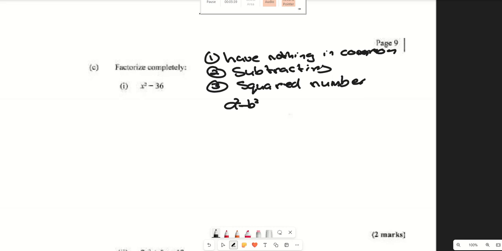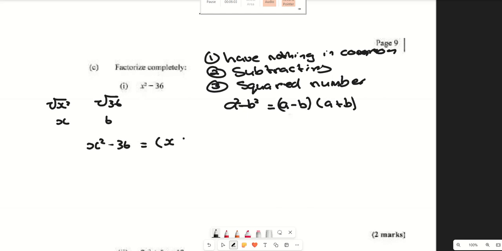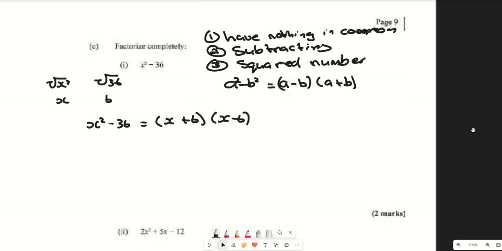A squared minus b squared is equal to a minus b in your first bracket and a plus b in your second bracket. So basically we have to find the square root of your first term, x squared, and the square root of 36. Square root of x squared is x, square root of 36 is 6. So x squared minus 36 would be open bracket x plus 6 and x minus 6. And that would be your answer for this question.